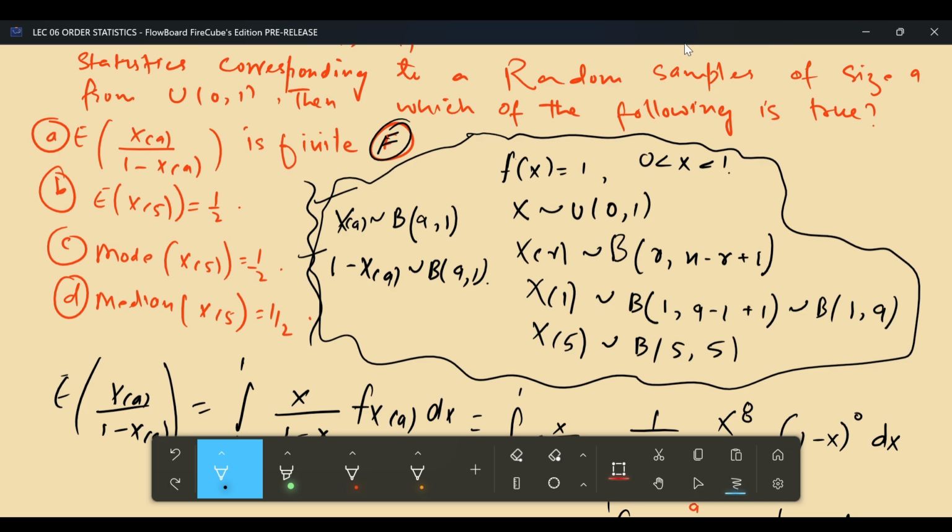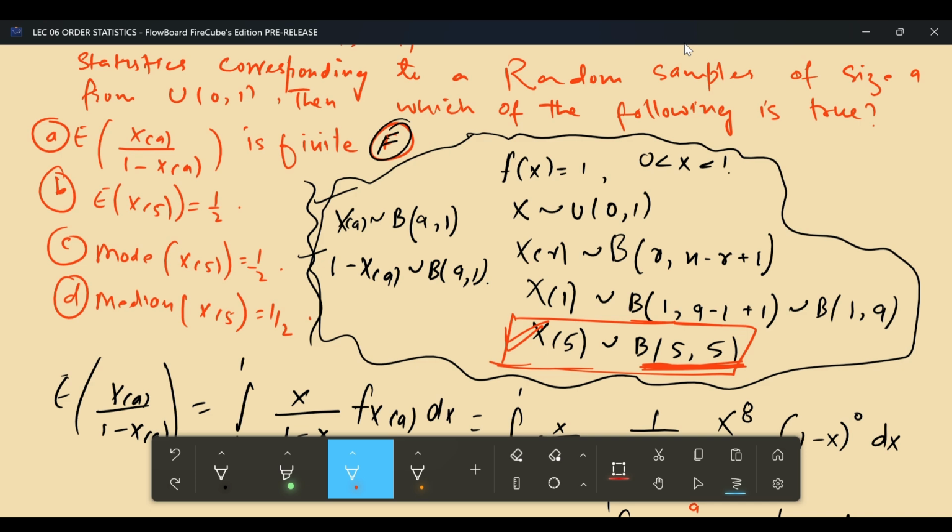Now see, focusing on X5, this is beta(5, 5). This is symmetric. So whenever some random variable is symmetric about some point, then the mean, mode and median are equal.